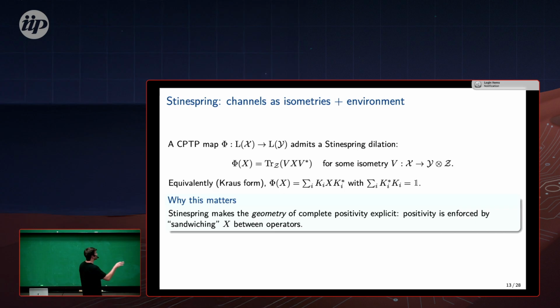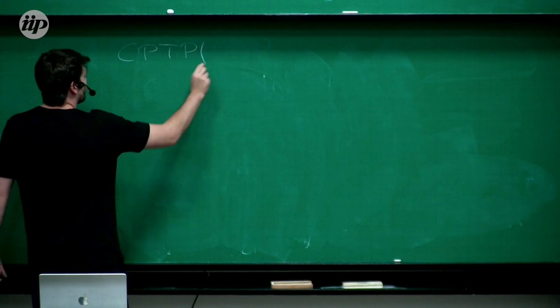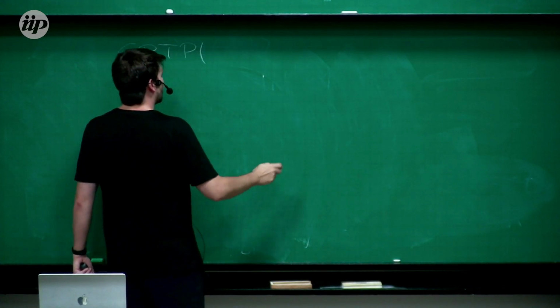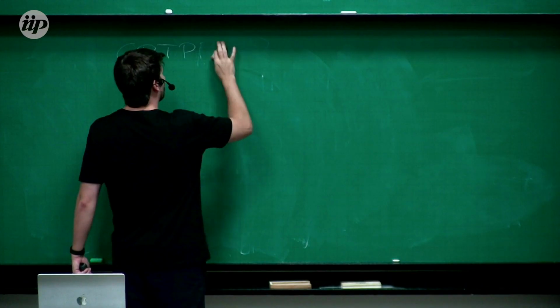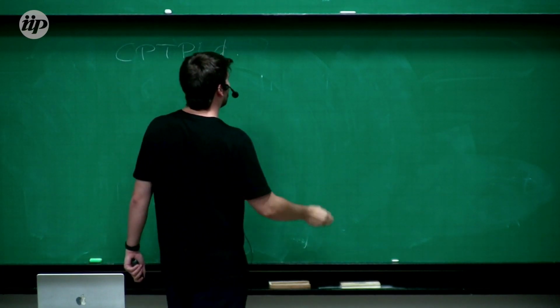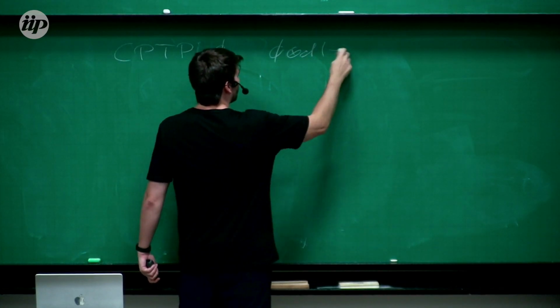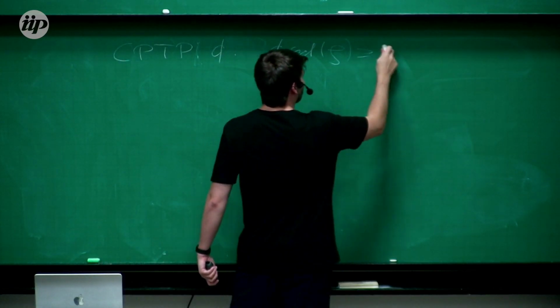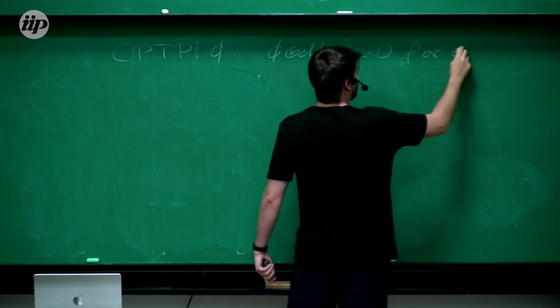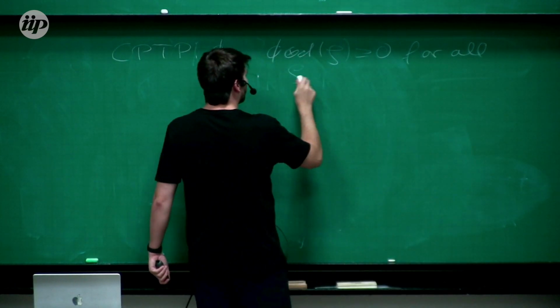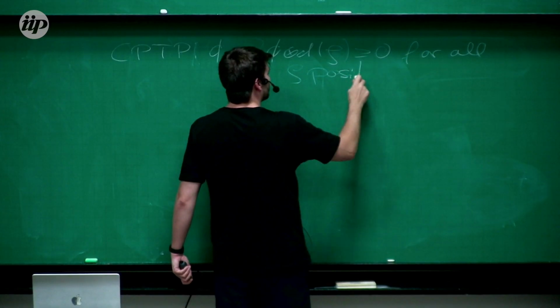It is essentially saying that you can replace the isometry here by a unitary without losing much. So let's just do it with unitaries, might be a bit closer to what you're used to. So it says that if you have a CPTP map phi, remember that this means that if you take phi and tensor it with the identity, this will be positive for all positive rho.